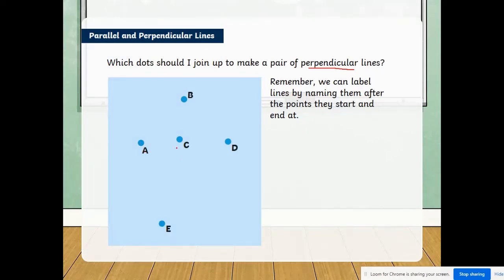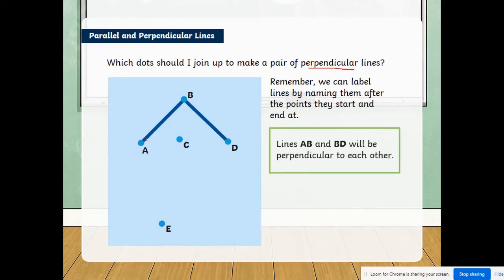If I draw a line from here to here, I can name the line as CE. Okay, but we have to join only those points which make a pair of perpendicular lines. I want you to point this out. If you want, you can pause the video. So let's see what's the answer. So if I join AB and BD, they are going to be perpendicular to each other.